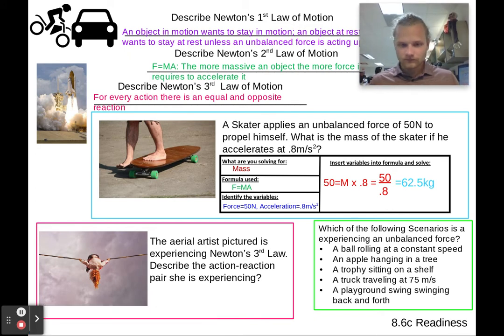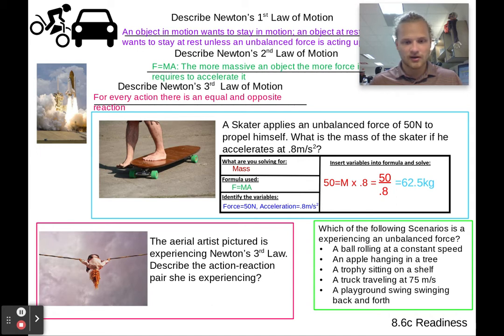Okay, the aerial artist pictured is experiencing Newton's third law. Okay, third law, remember that's equal and opposite. Every action has an equal and opposite reaction. Okay, describe the action-reaction pair she's experiencing. So she is just holding on to a rope.